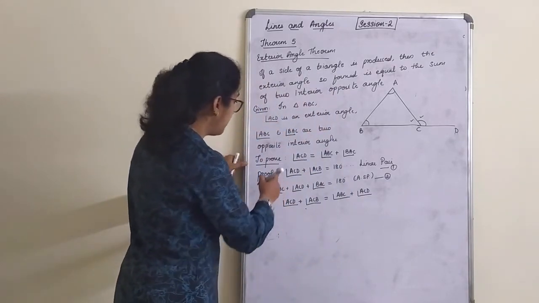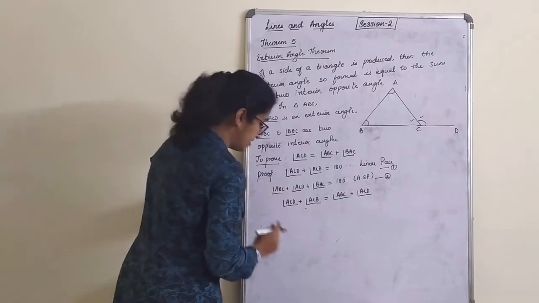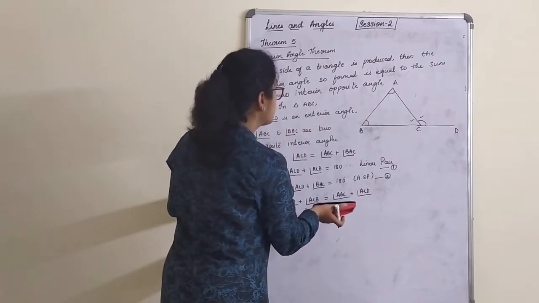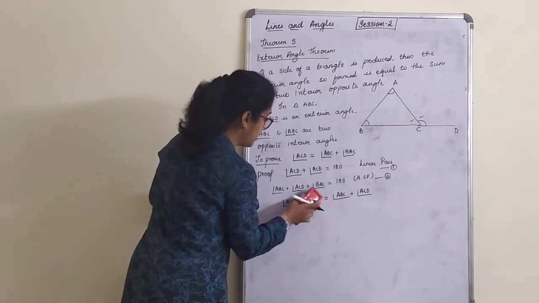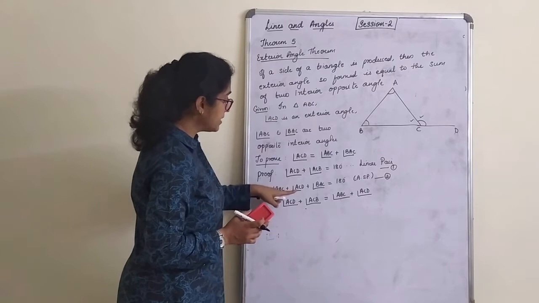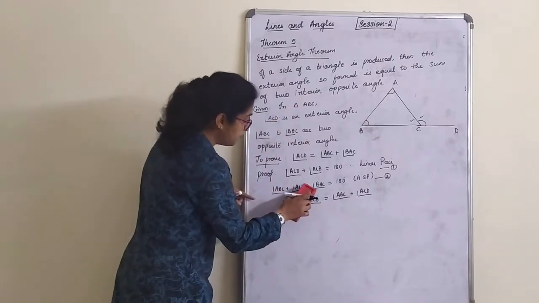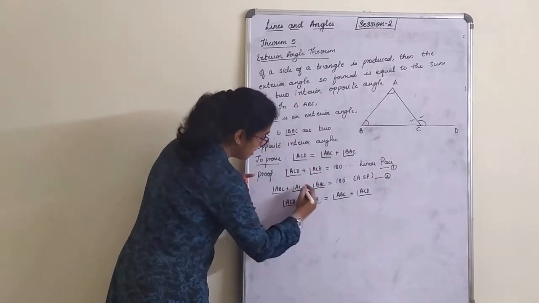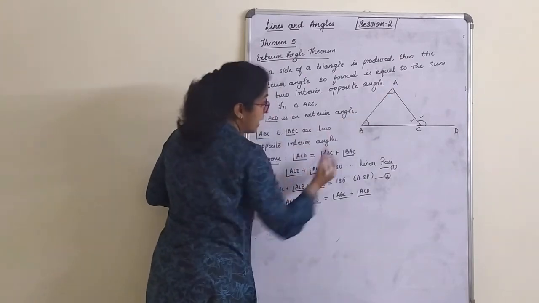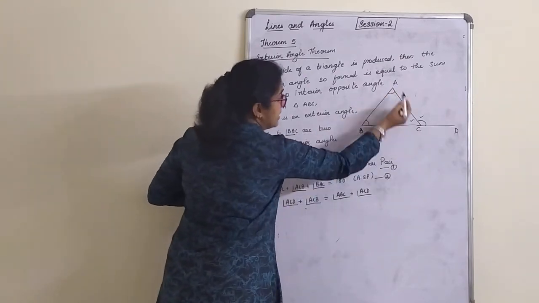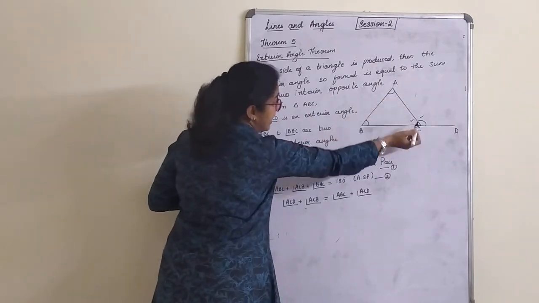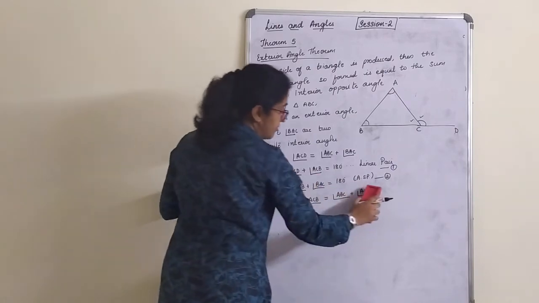Wait a minute, children, I think I wrote it wrong. It is the angle sum property, so angle ABC plus angle ACB plus angle BAC, the sum of the angles, right?